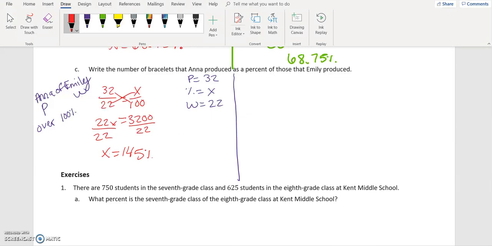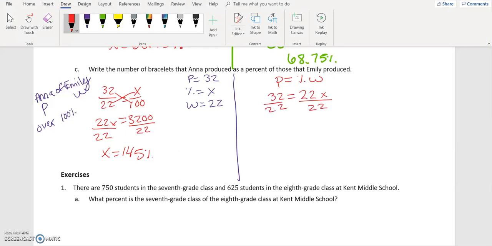Start with our equation. P is equal to percent times whole. Our part was 32 is equal to, the percent is unknown. I'm just going to go ahead and write it in the correct order. 22 is our whole. X is what we do not know. Divide both sides by 22.